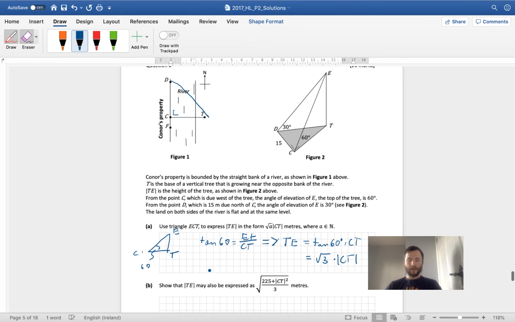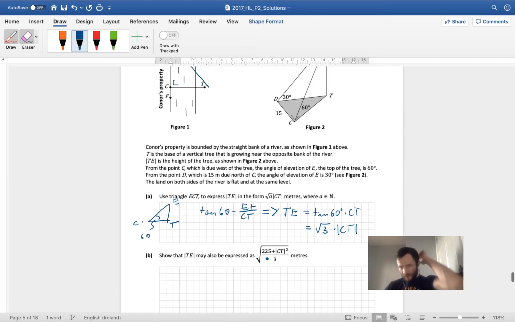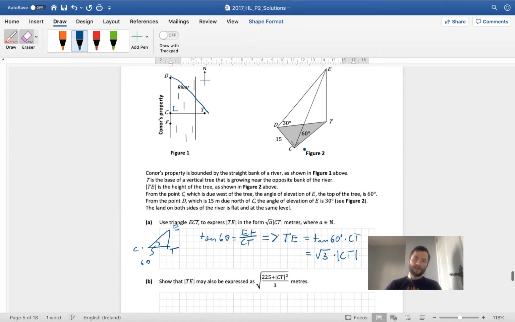Now then we need to show that TE may also be expressed using this formula. It's kind of difficult to figure out how to get to that formula, but let's take it step by step. I already looked at this side of the triangle, so maybe I could take a look at the bottom of this triangle and then figure out whether I can use the tan of angle 30 degrees.